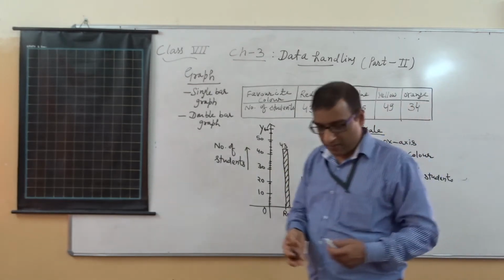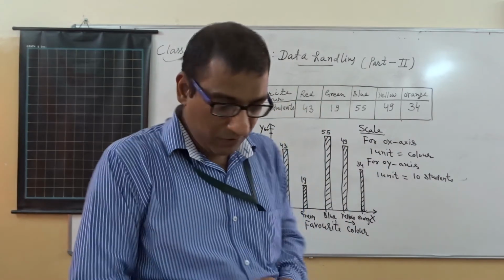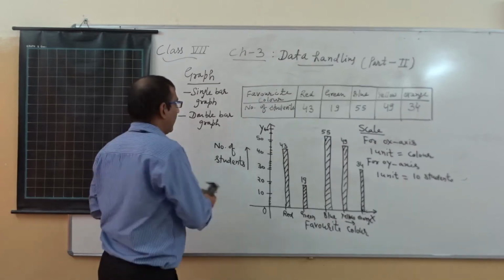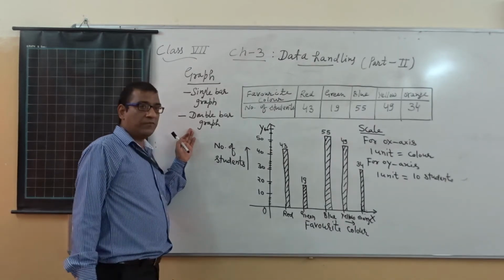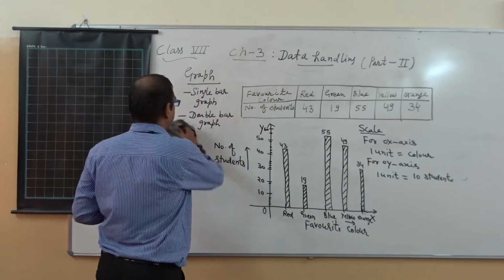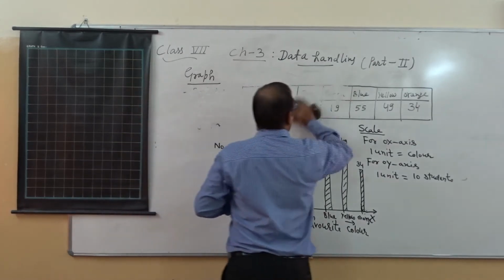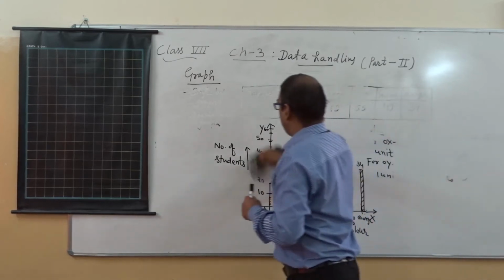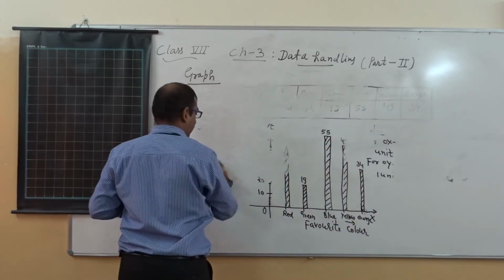We will take one more example so that it will be clearer to all of you. So the next concept is related with double bar graph, and this bar graph we use for comparison of the data. Now I will take one more example that is related with double bar graph.